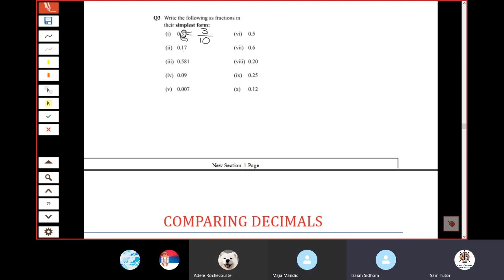All right, then do you want to try double I? Sure. So the number on the top is going to be 17 over, and the bottom, okay, how many digits are there after the decimal? There's 2 numbers.